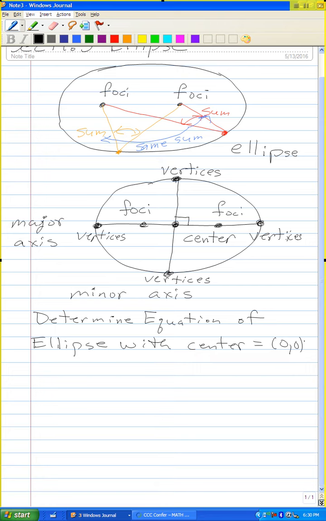Okay, and foci will be along the x-axis. And so let's say that it's at plus or minus c, 0, where in this case I'll assume that c is greater than 0.